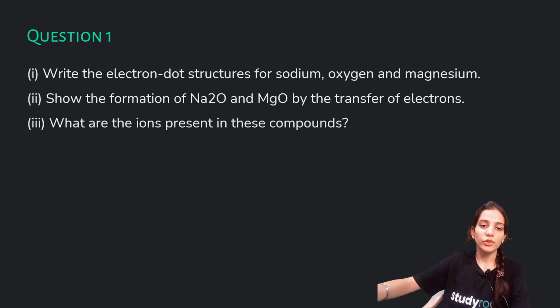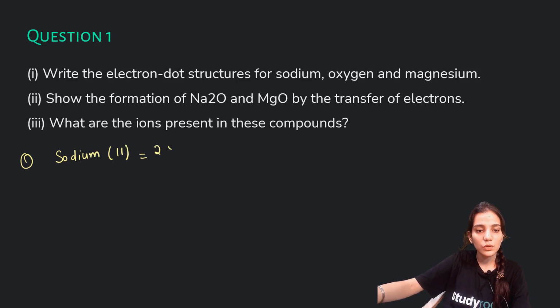Now I have a question for you. Write the electron dot structure for sodium, oxygen and magnesium. Let's start with sodium. I told you its atomic number is 11, so it's 2, 8, 1. There will only be one electron present at the top of Na. Now we have oxygen.